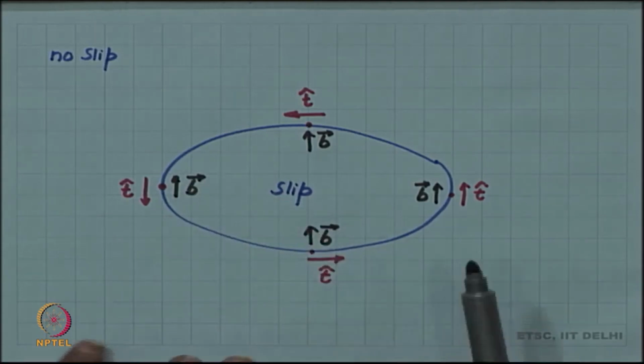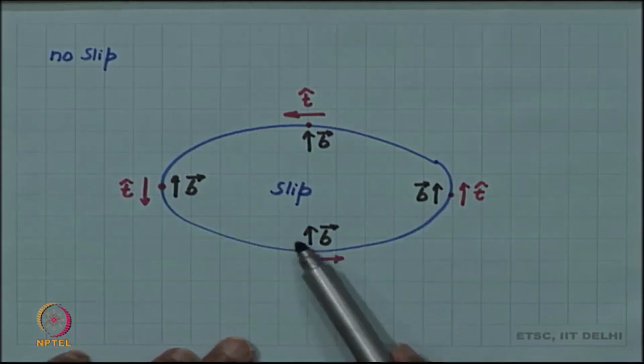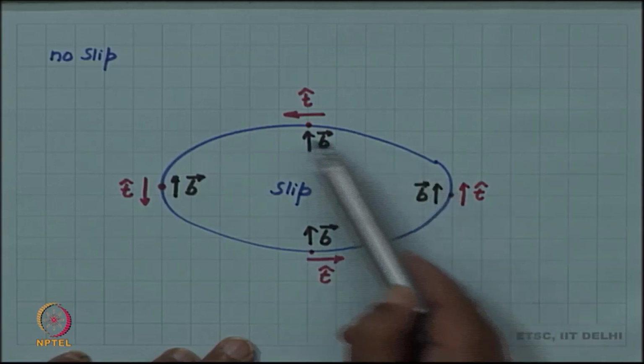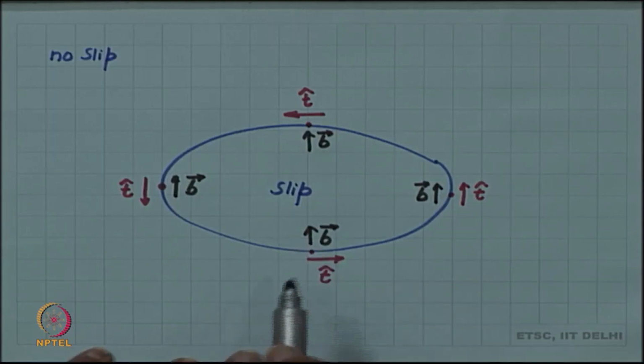As it does so, you can see that the angular relationship of T and B keeps changing as you follow the dislocation line. So, at the bottom point, T and B are perpendicular.